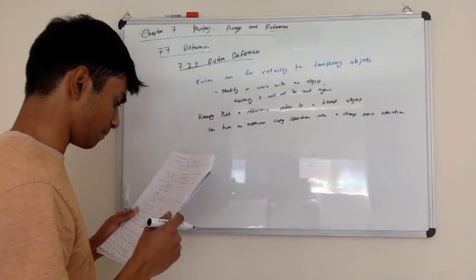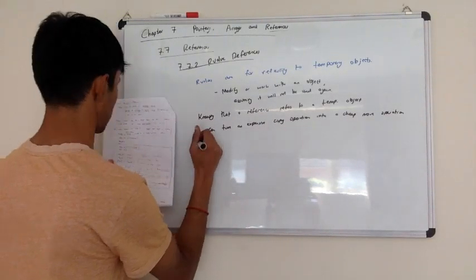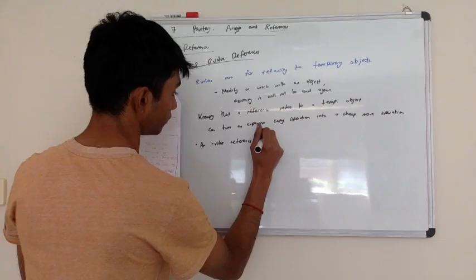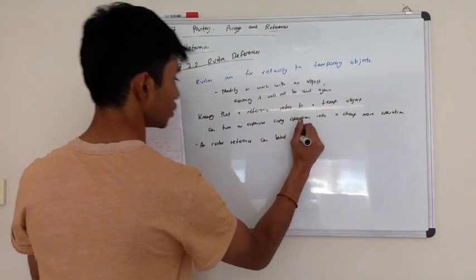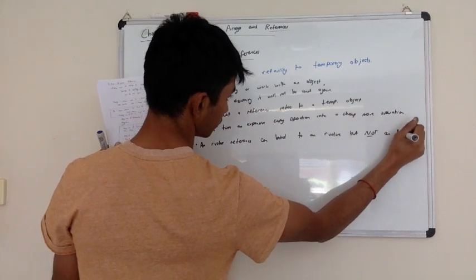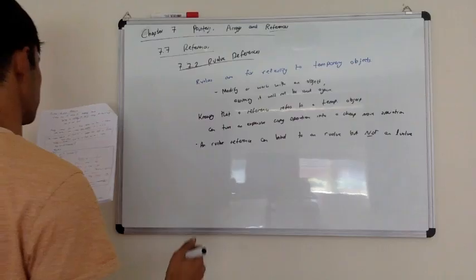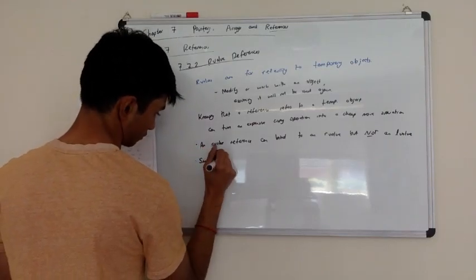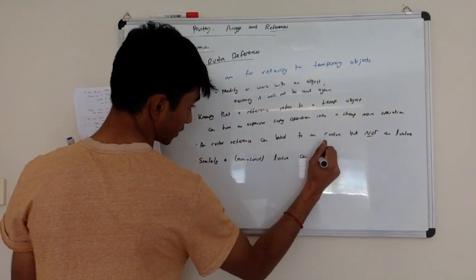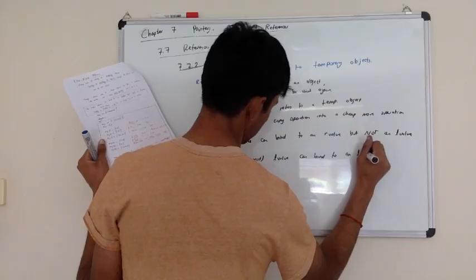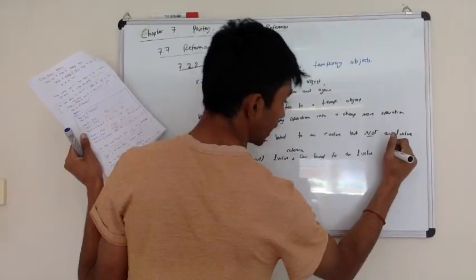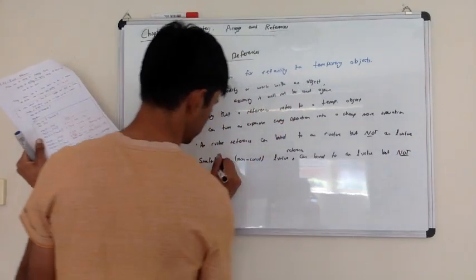But a couple of rules to bear in mind: an rvalue reference can bind to an rvalue, but not an lvalue. Similarly, a non-const lvalue reference can bind to an lvalue, but not an rvalue.